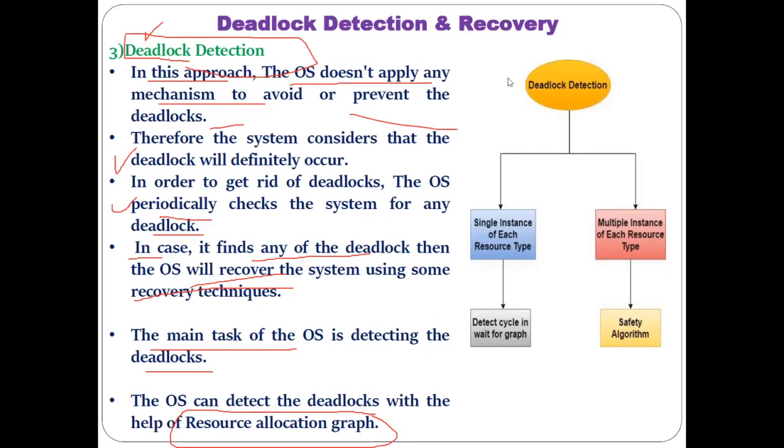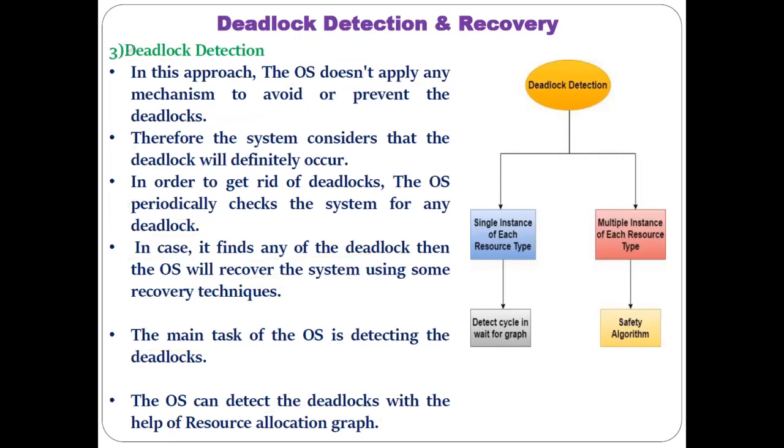First, you must understand how this approach is different from the previous two approaches, deadlock prevention and deadlock avoidance. In both of those cases, the operating system tries to avoid or prevent the deadlock, in the sense that it takes care that deadlock should not happen.